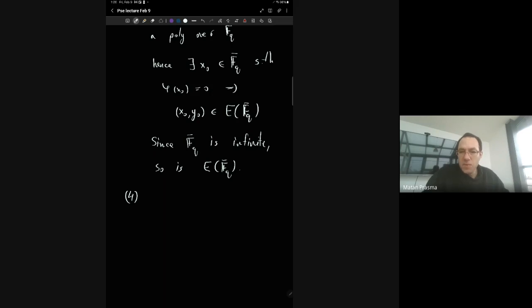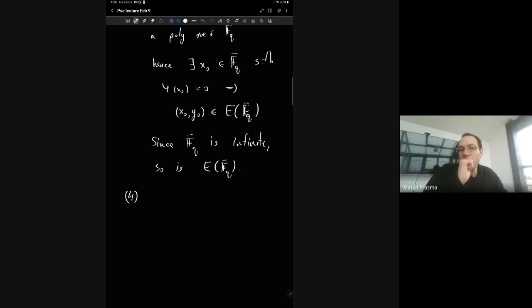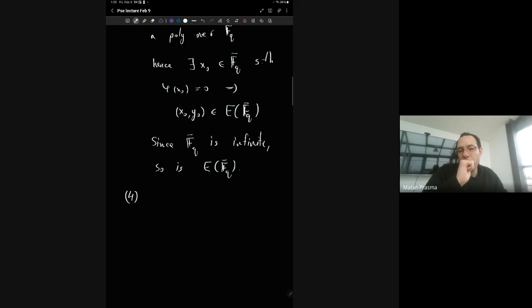Yes. Can I ask about the proof? Isn't it a bit like there is an infinite number of x0 and one y0 that solves the equation? Yeah, because for every y0, there is an x0. Yes. And there are infinitely many y0s because it's FQ bar.